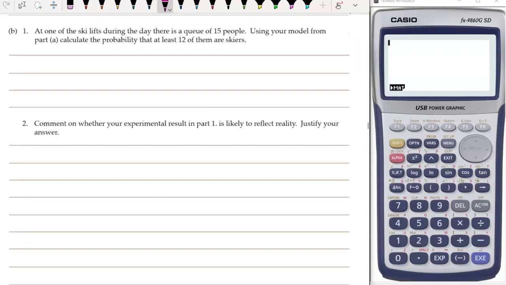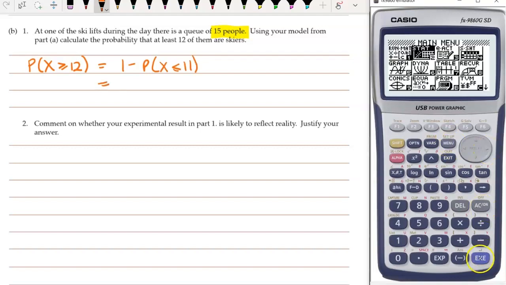Okay, part B. We've got a queue of 15 people using the model above. Calculate the probability that at least 12 of them are skiers. Okay, so we want the probability that x is greater than or equal to 12. It's going to be 1 minus the probability x is less than or equal to 11.